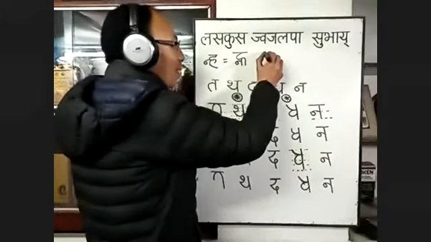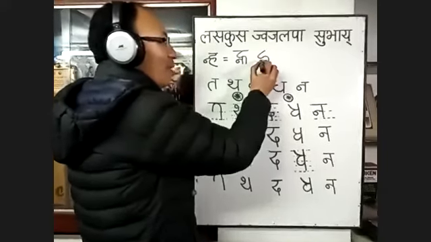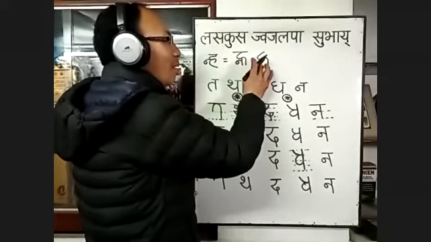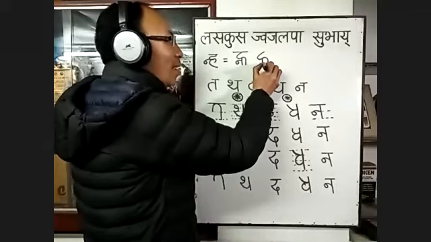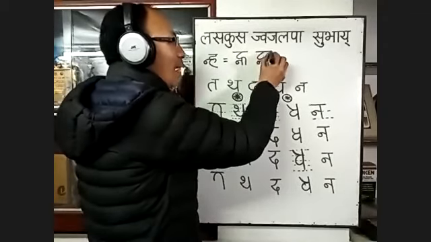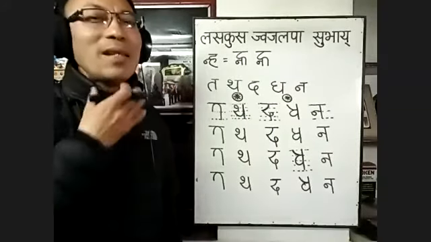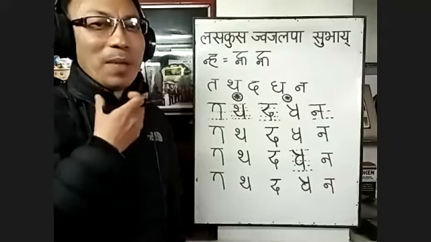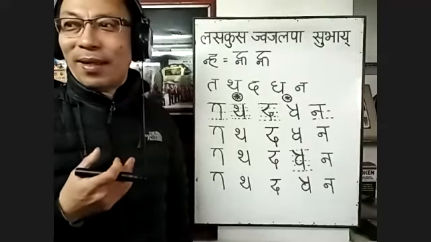All you need to remember is you need to write no or nyo here. So here we write no. And this sound is no, again from the same place of your body. I mean, from the throat.